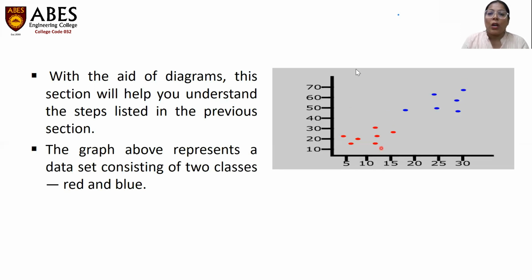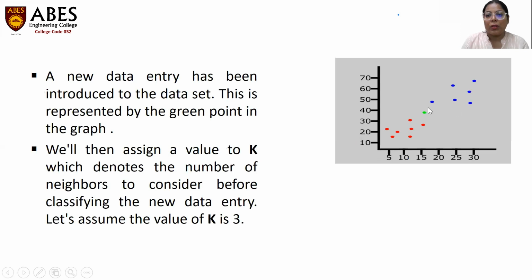Now we have been given new data, this green one. And we need to predict whether this new data in green color will belong to the blue class or to the red class.